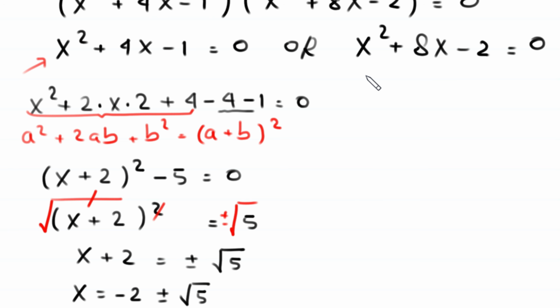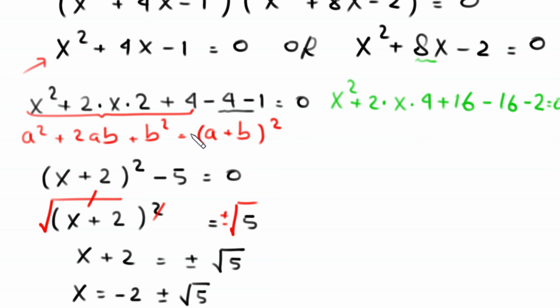Now we solve the second quadratic equation. This is not factorable, so we solve it by the completing the square method. We write x squared, and 8x is the same as 2 times x times 4. To complete the square, we add 4 squared, which is 16. Also subtract 16. This negative 2 equals 0.